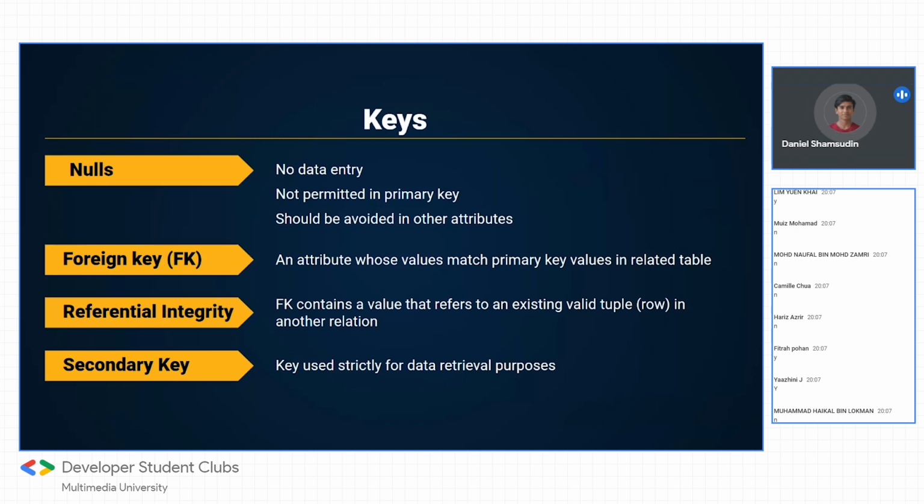Basically, if one is referring to the other, then it must point to some valid data that must exist. This is what referential integrity is saying.